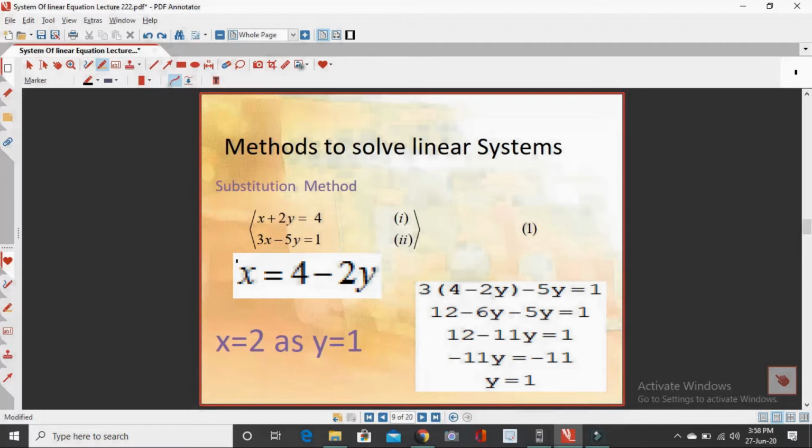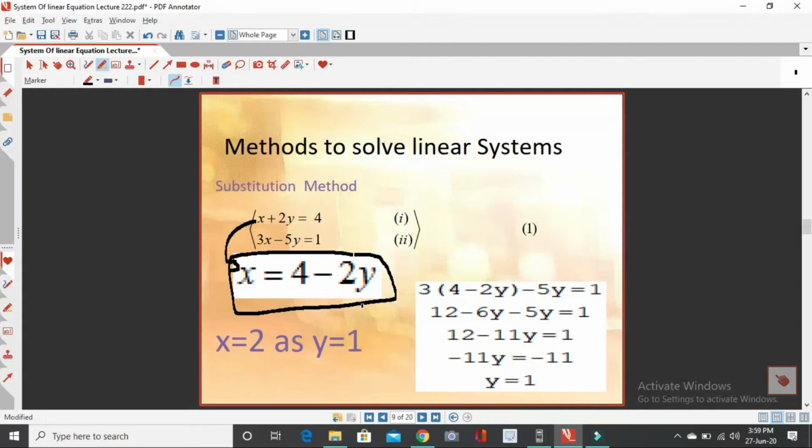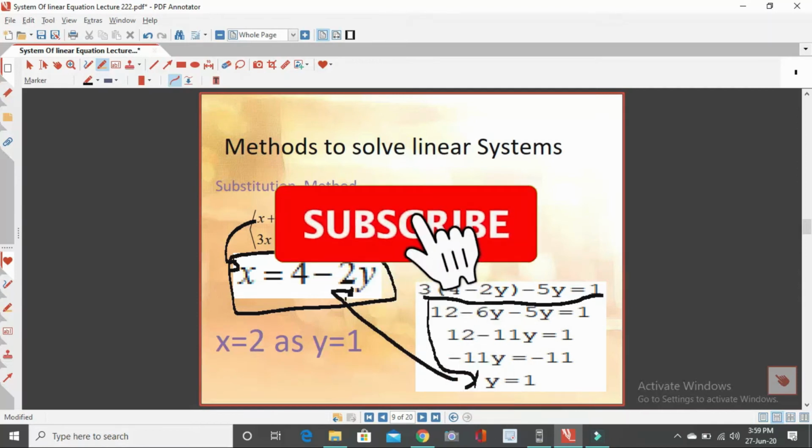Let us consider the method of substitution. First of all, I will get the value of x from equation 1. If we put it in equation 2, you will see that when we put the value of x in the second equation, it will take this form, and after mathematical steps you will get the value of y. Putting this value in this equation, you will get the value of x.